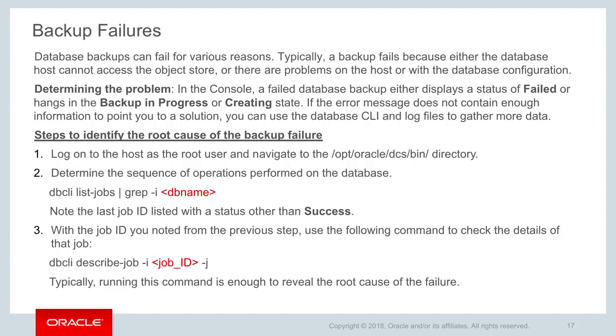The first step in troubleshooting this is to determine the problem. You can navigate to the console and get to the database that is having these issues and look at the status of the backups. Typically, this will be a status of failed, or it will be hung in the backup in progress or creating state.